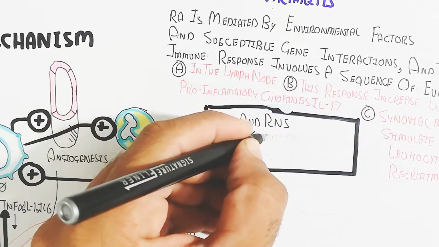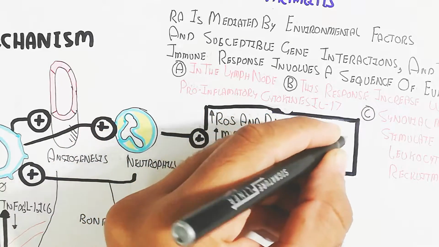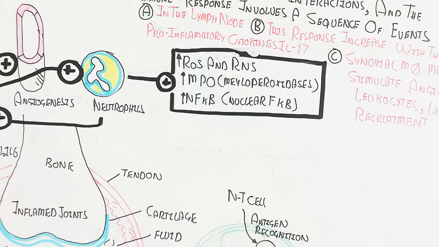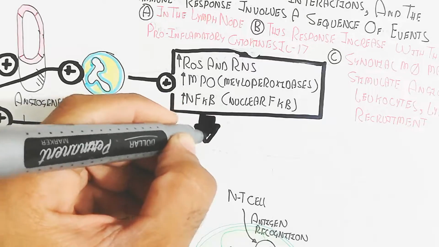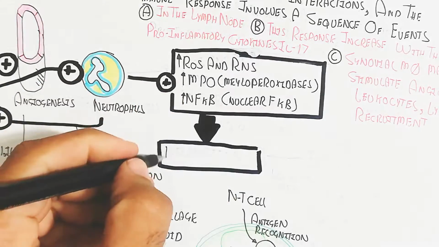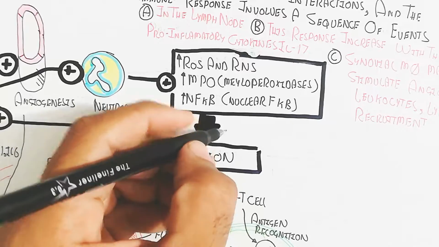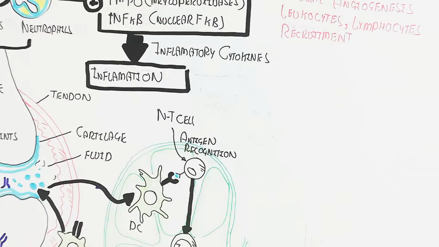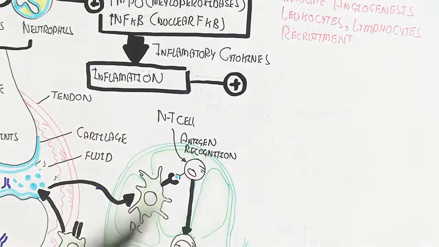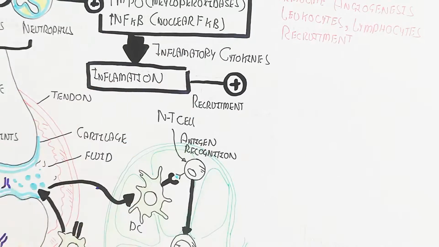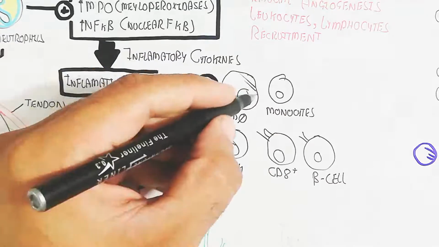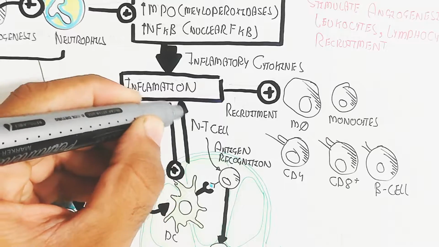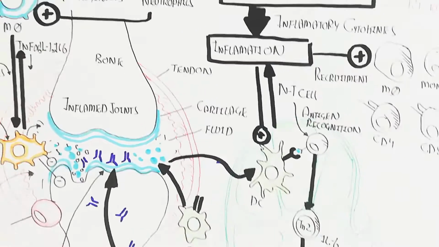Basically, it recruits these cytokines, and it triggers angiogenesis for further infiltration, and neutrophil activation and recruitment, and reactive oxygen species and nitrogen species. Myeloperoxidase and nuclear factor kappa B will increase, leading to inflammatory cytokines that cause inflammation. These inflammatory cytokines also recruit innate and adaptive immune cells further toward the infection site.